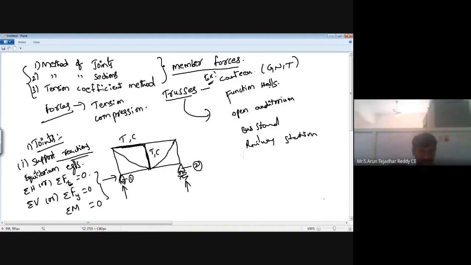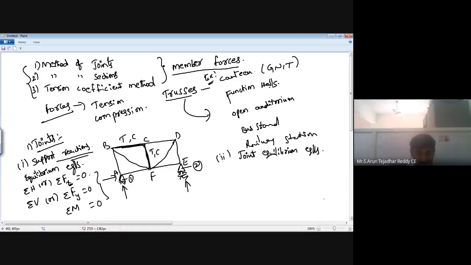After completion of the first step, what is the second step? That is, we take joint equilibrium equations. Suppose this is A, B, C, D, E, F. Totally 6 joints are there.